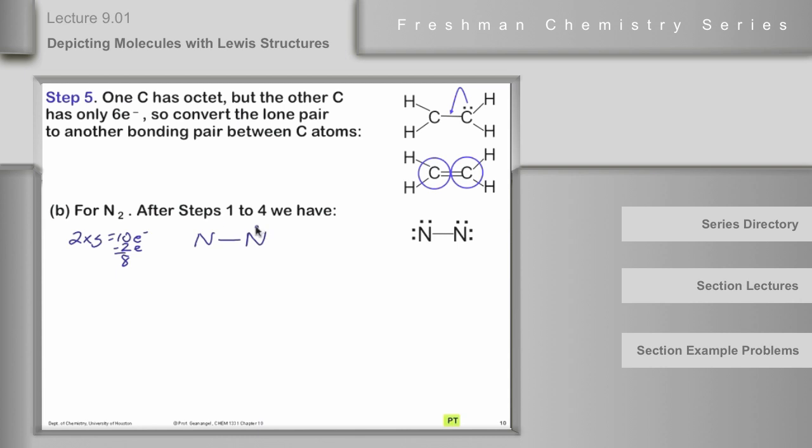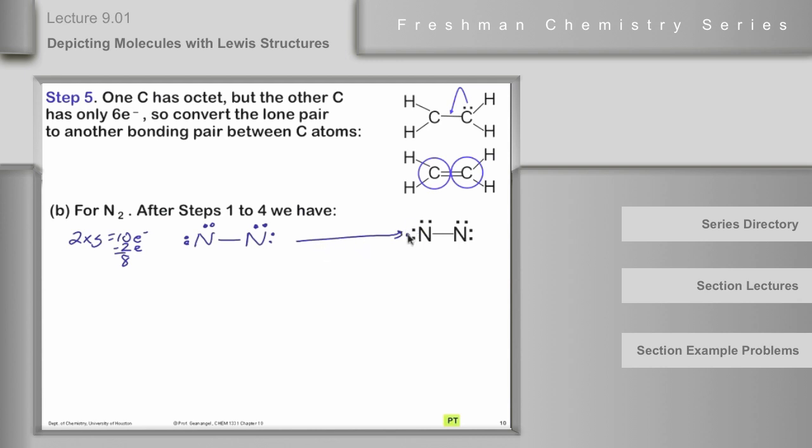And then we'll put the 8 separately on the 2 atoms. The 2 nitrogens are all the atoms we've got. So after step 4, this is what we have.